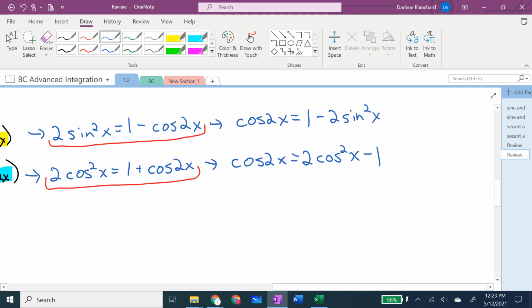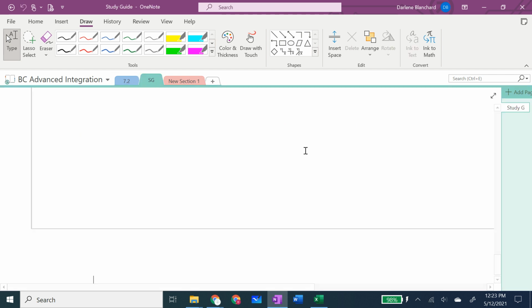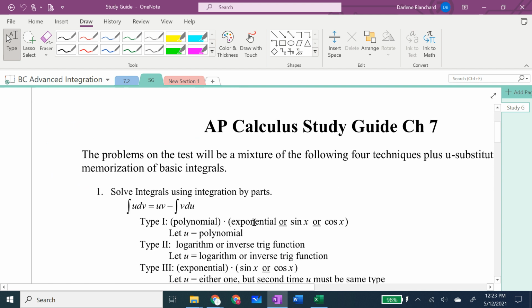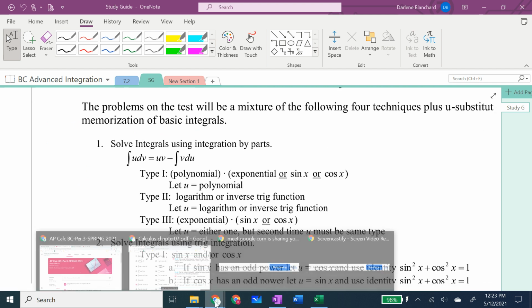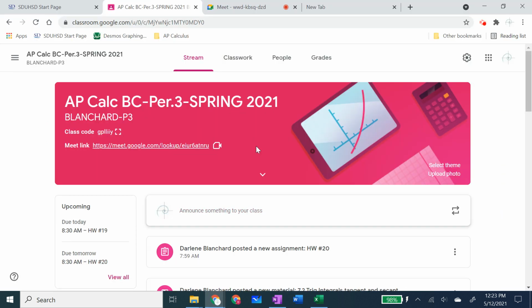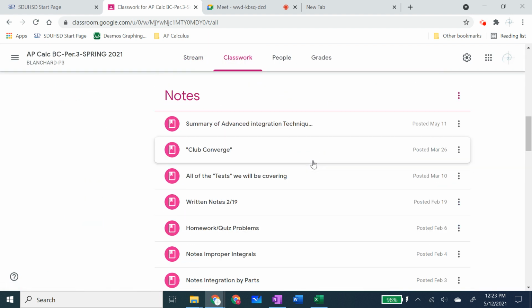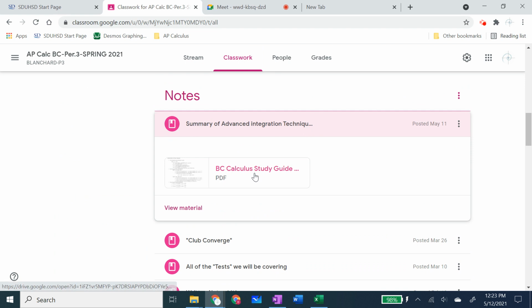And I want to point something out to you. I gave you this study guide. It's on Google Classroom. I put it under Notes, Summary of Advanced Trig Integration.